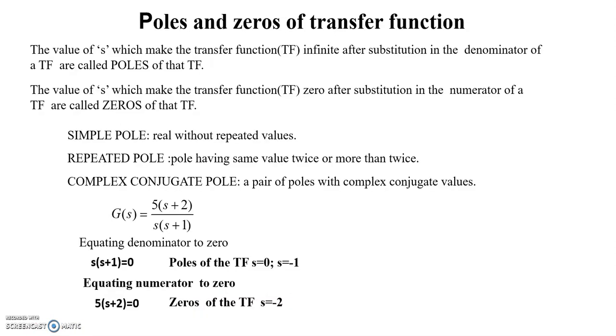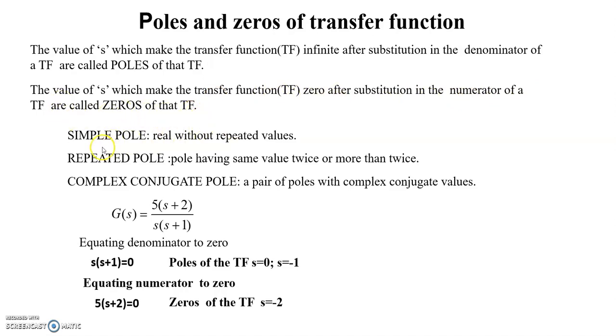Next, poles and zeros of the transfer function. The values of s which make the transfer function infinity after substituting in the denominator of the transfer function are called poles of the transfer function. The values of s which make the transfer function 0 after substituting in the numerator are called the zeros of that transfer function.